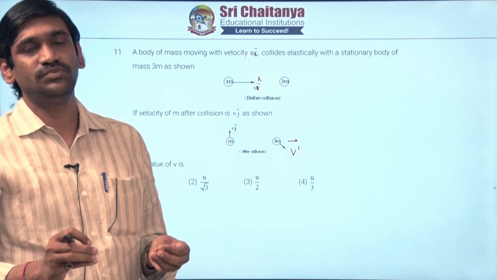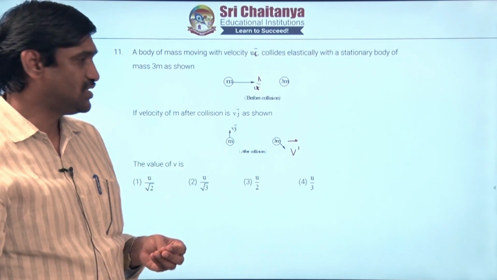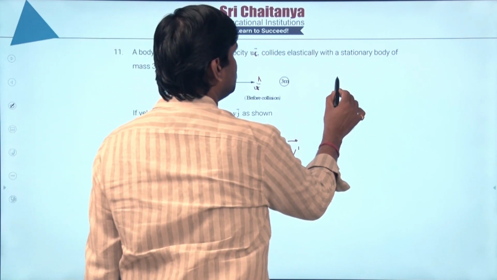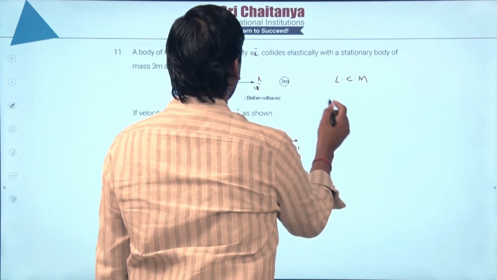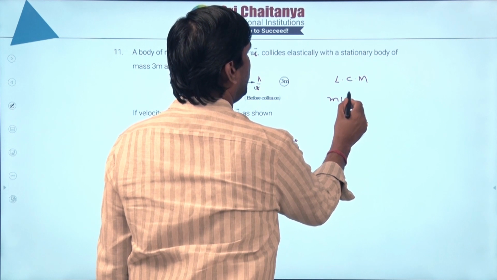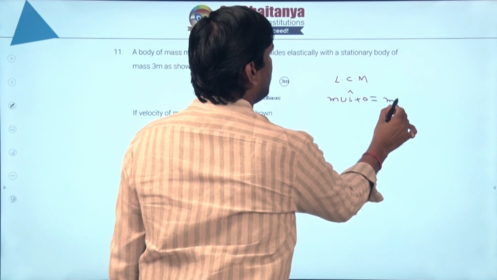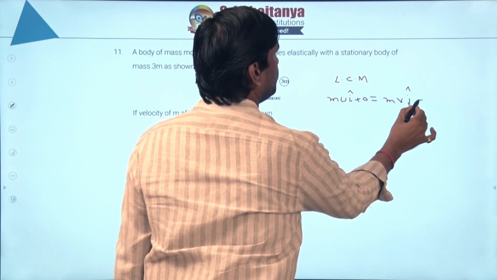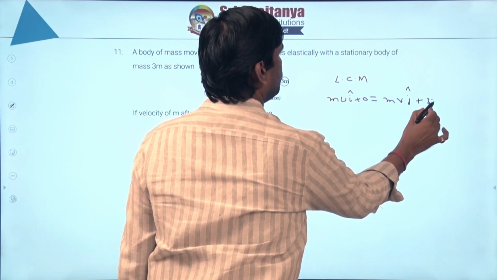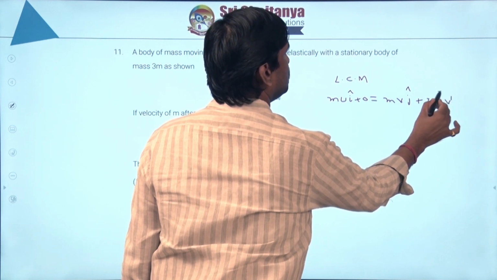Now, use 2 concepts here. One is the law of conservation of momentum. From the law of conservation of momentum, we can write m u i plus 0 is equal to, after collision, m V j cap plus 3m V dash bar.